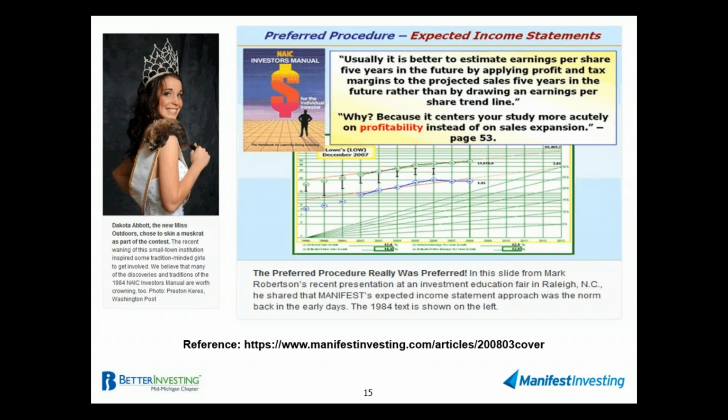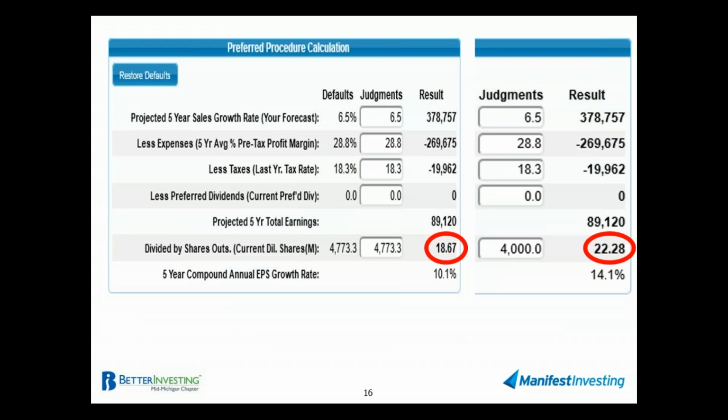Oh, okay, all right. Well, when there's not a lot of disruption in the force based on taxes, and when there's not a lot of disruption based on share buybacks, then historical values, which is what the defaults are based on, the default numbers in the preferred procedure, are good, solid historical values.